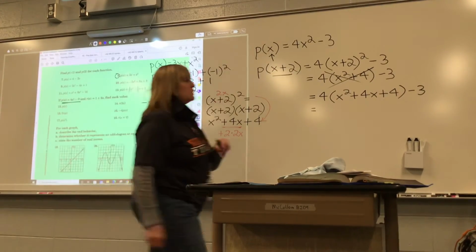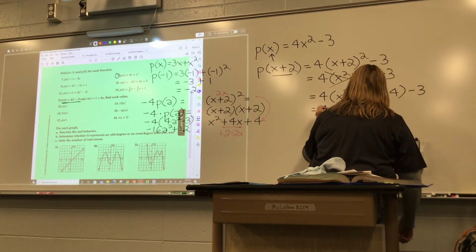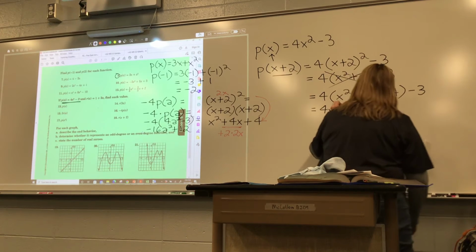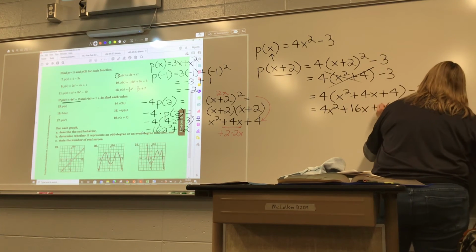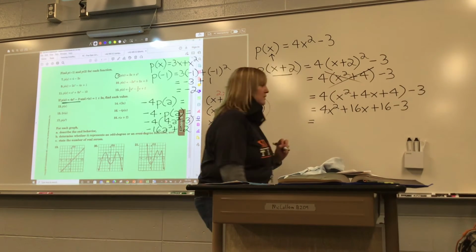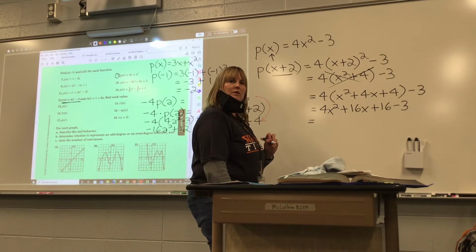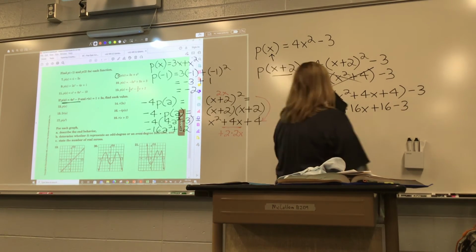Olivia, what do you get when you distribute the 4? 4x squared plus 16x plus 16. And then we still have the minus 3. So what would that make your final answer? 4x squared plus 16x plus 13. Yep.